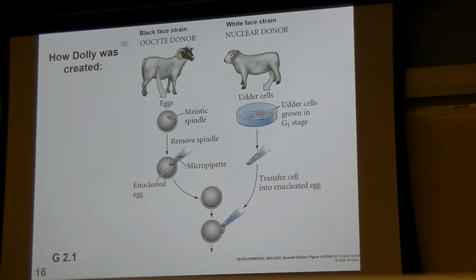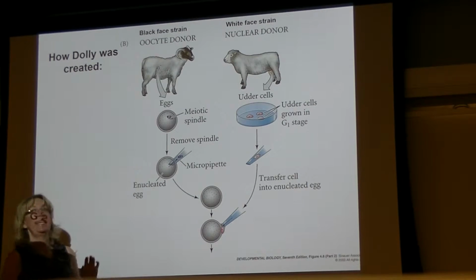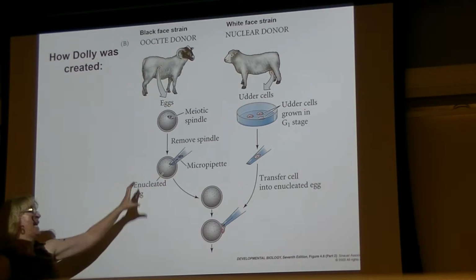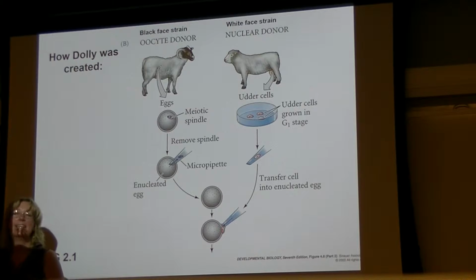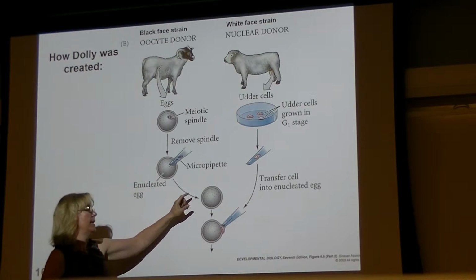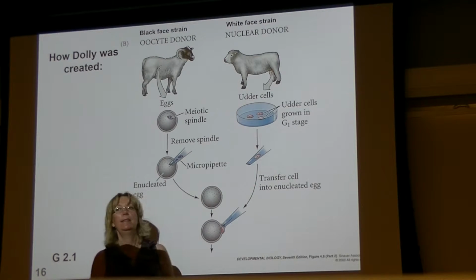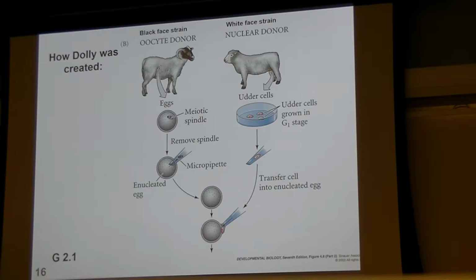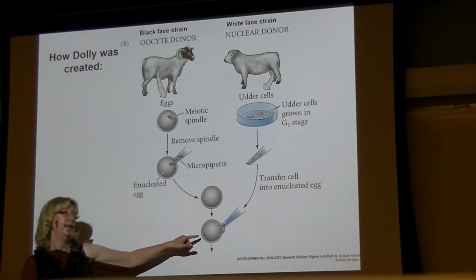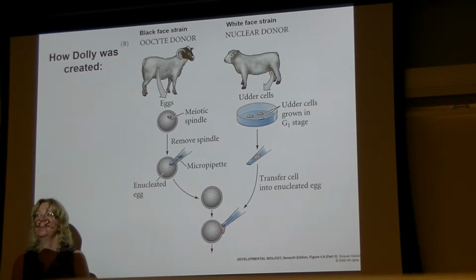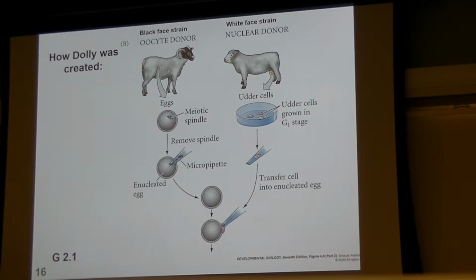Then we take this enucleated egg, with no more nucleus, that has any kind of special factors or special environment, and fuse it with the nucleus of the mammary gland cell. So now we have a diploid cell, a diploid content of DNA within this cytoplasm that had originally come from the oocyte.